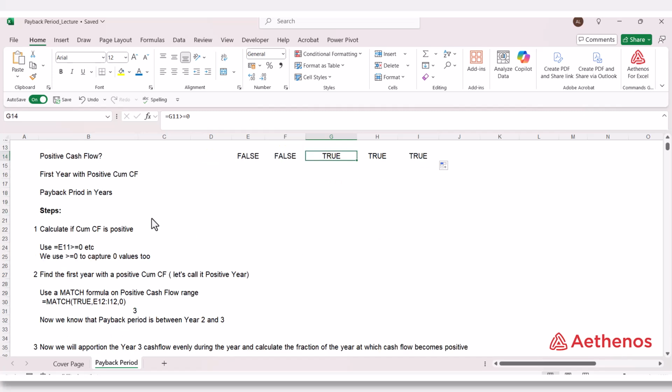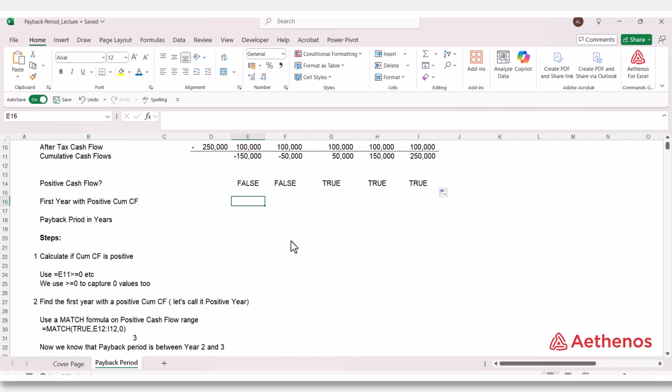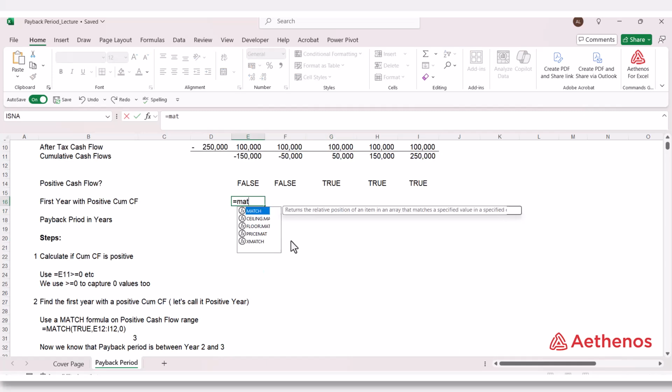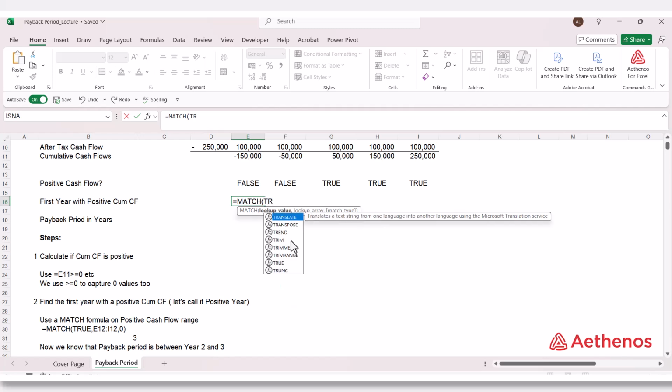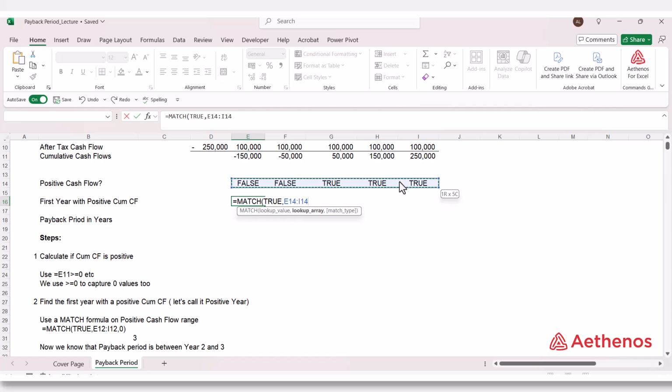Then to find out the first year when the positive cash flow happens, I can use a match function like this. So I'll type a match function over here, equals match, and then the lookup value is true because I want to find the true, or the positive value, and then I can give the lookup array like this, and then I want an exact match, so I can use 0.